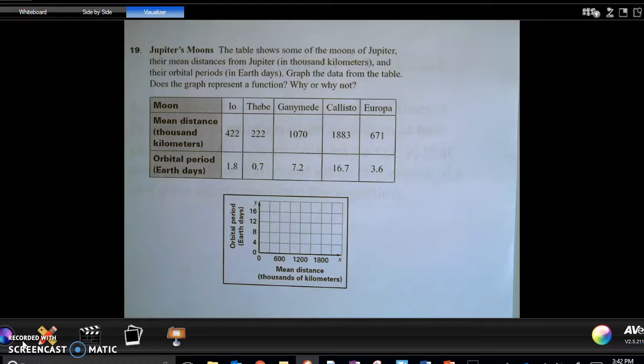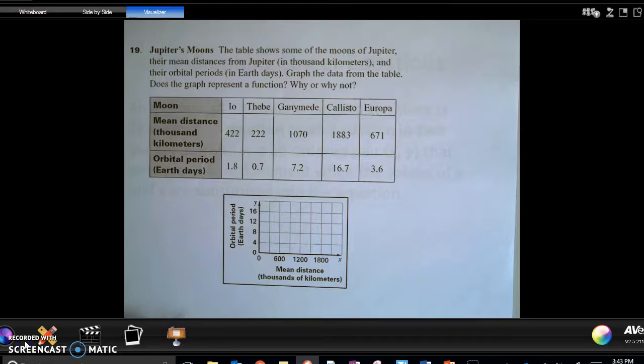Does the graph represent a function, yes or no? So for this, we are going to recall back in chapters 1 and 2 again, when we first talked about functions, and we said that for every input, I can only have one output. So that's something we'll keep an eye on as we are graphing this data.